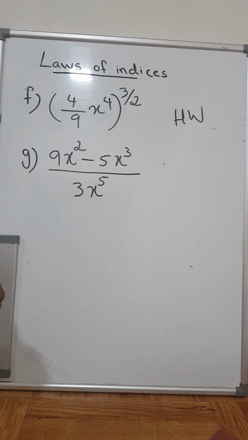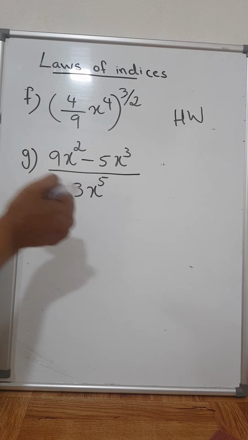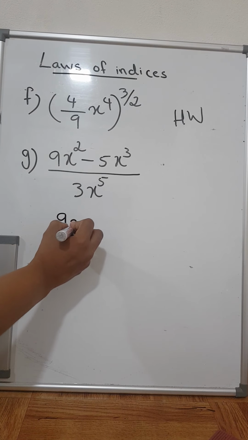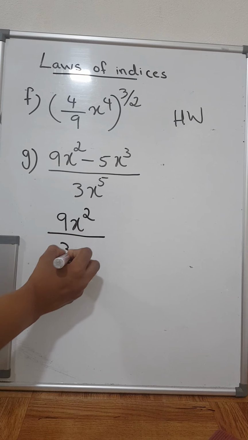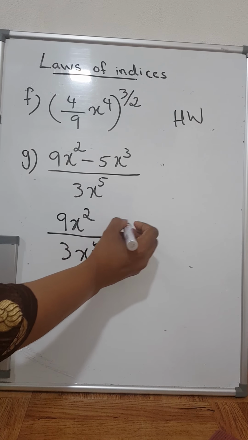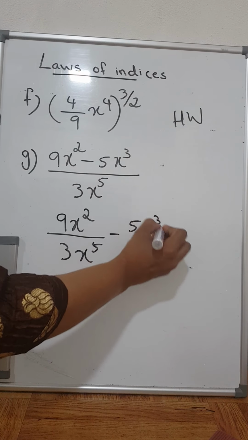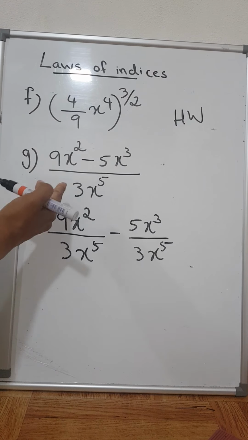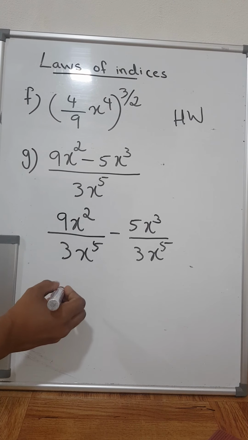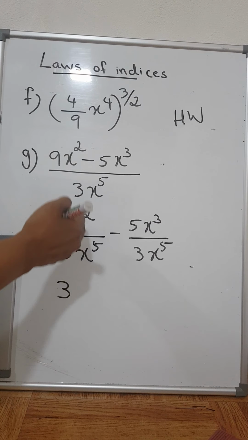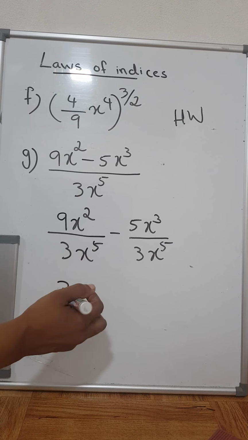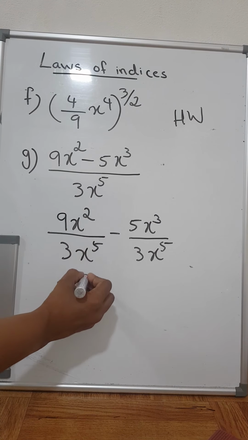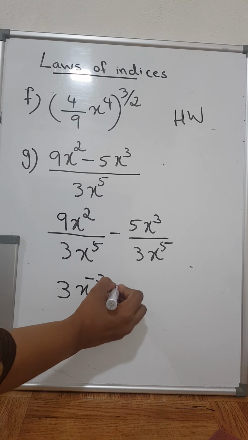No, I'll be doing it here. Let's see. First thing we have to do is split it. So this is 9x square divided by 3x to the power 5 minus 5x cube divided by 3x to the power 5. Now 9 divided by 3, that is 3. x square divided by x to the power 5, we can use the division law. x to the power 2 minus 5, that is minus 3.